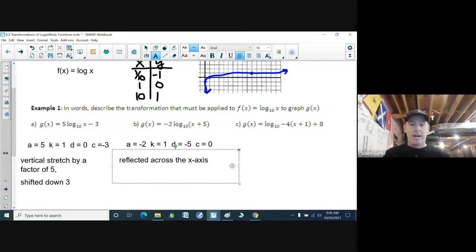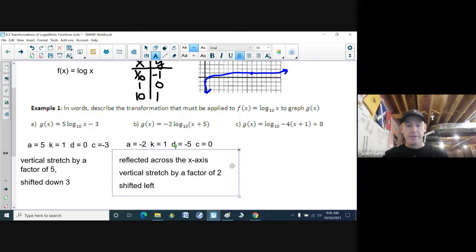The absolute value of a is 2, so it is a vertical stretch by a factor of 2. And because our d value is -5, this has been shifted left 5.